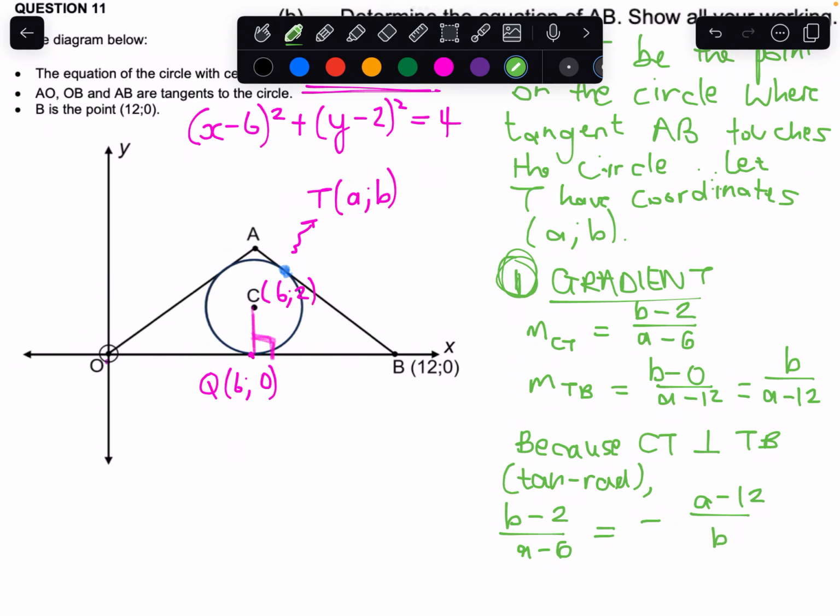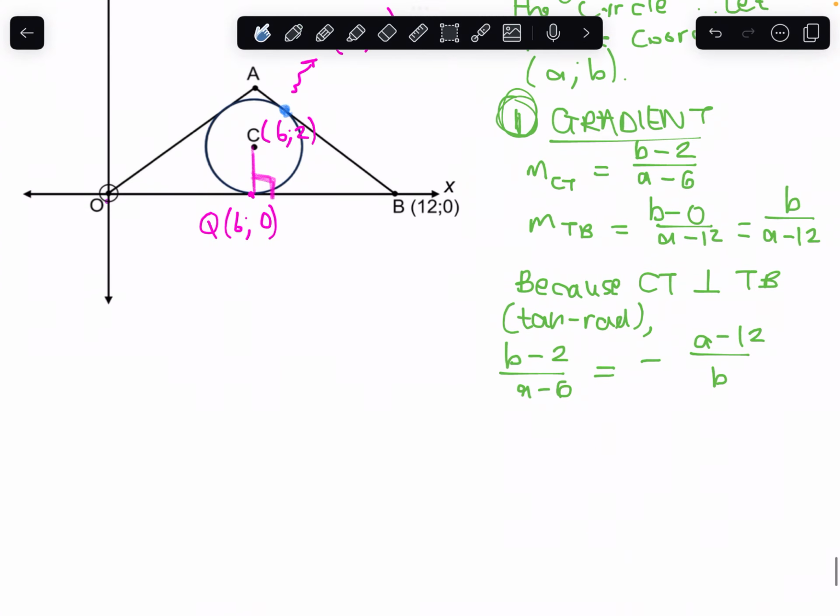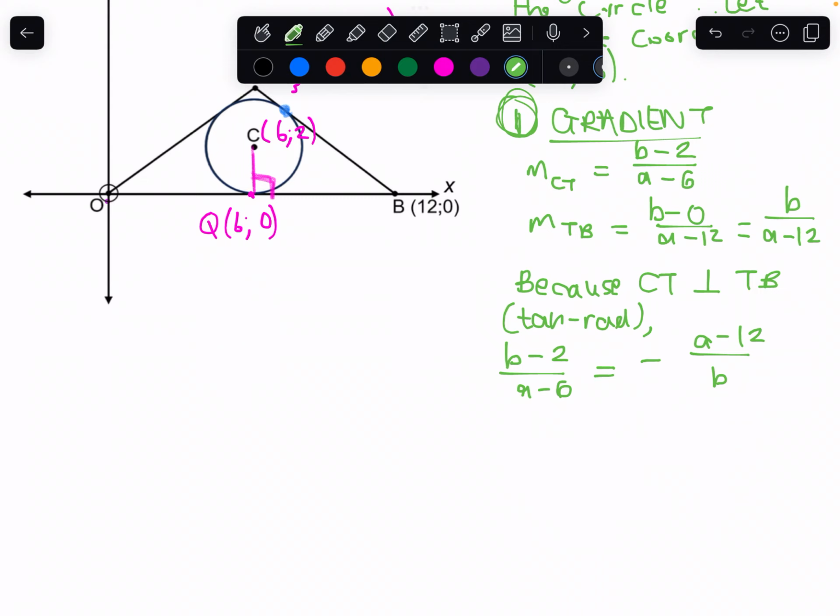First I'm going to use the negative to do a switcheroo up here. Remember the negative could either go up there or it could go down here. So I'm going to take it to the top, and if I multiply a negative over in there, the a becomes negative, the negative 12 becomes positive.